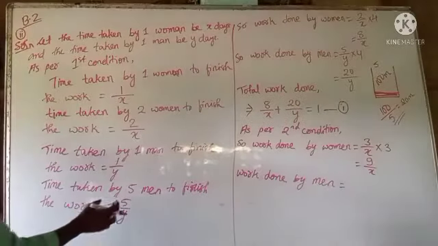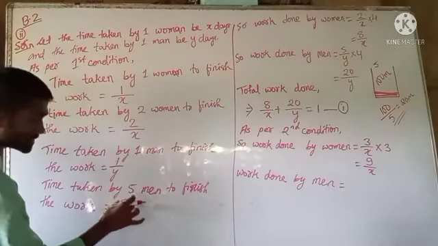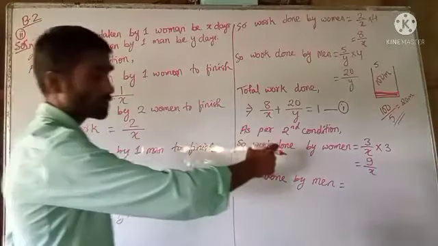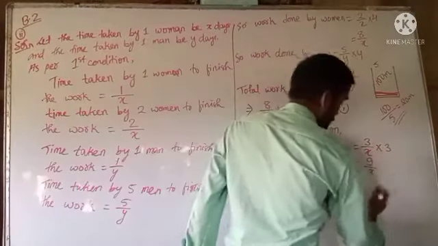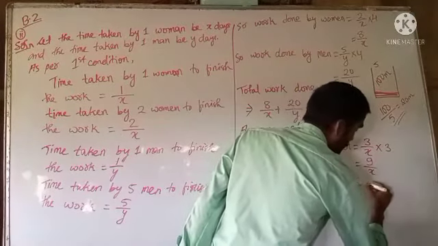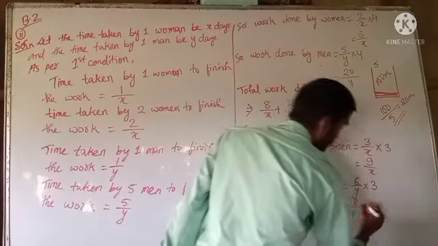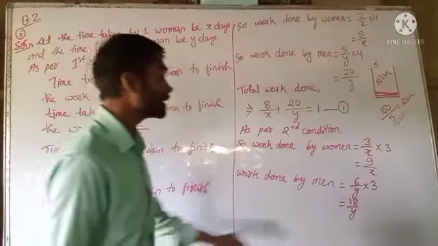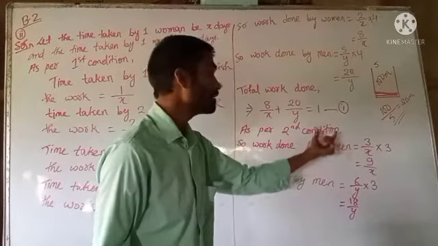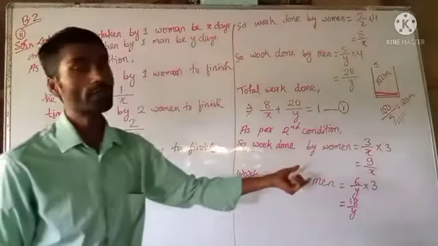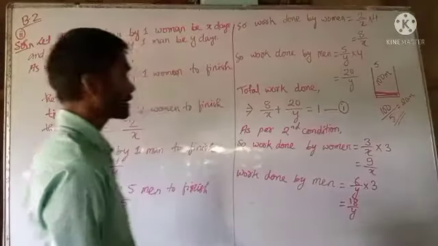So when we are saying about 6 men, then it will be 6 by y into 3. So we'll write here 6 by y into 3. That is 18 by y. That is the work done by 6 men and 3 women to complete that embroidery work.